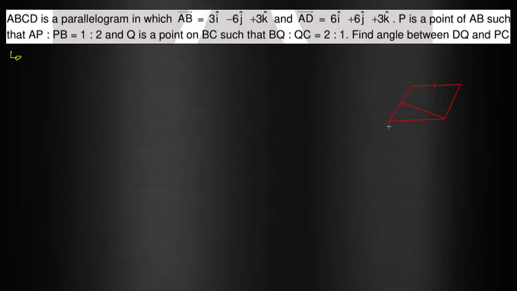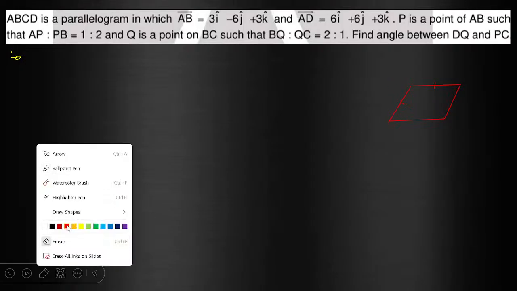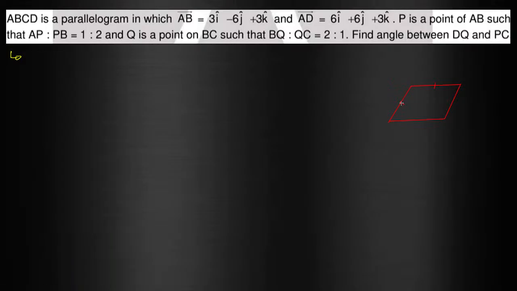There is a point P on AB. P will connect to C. Q will connect to D. And we have to find the angle between these two lines.